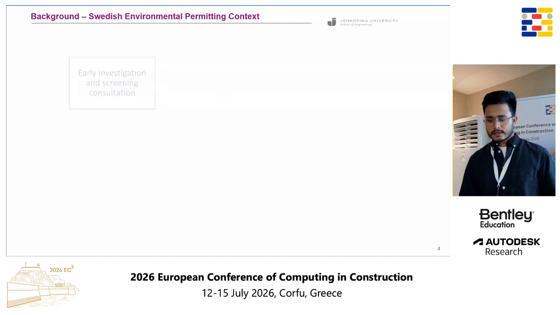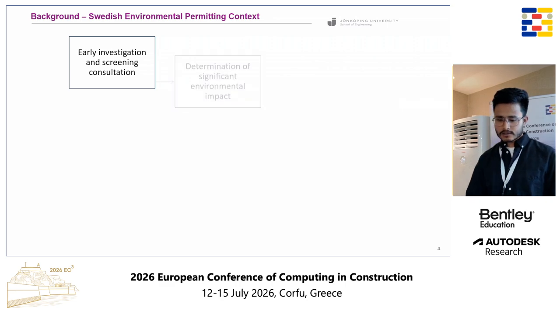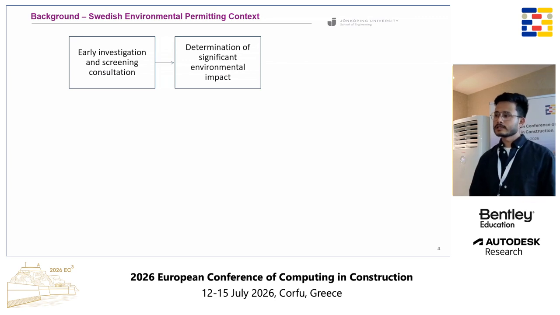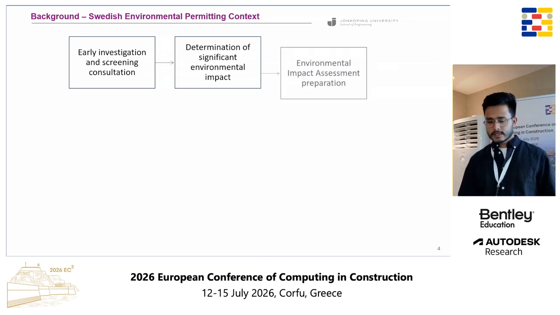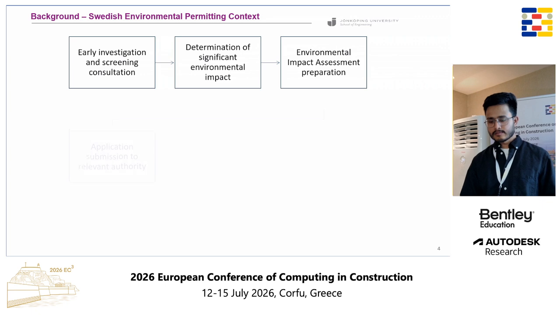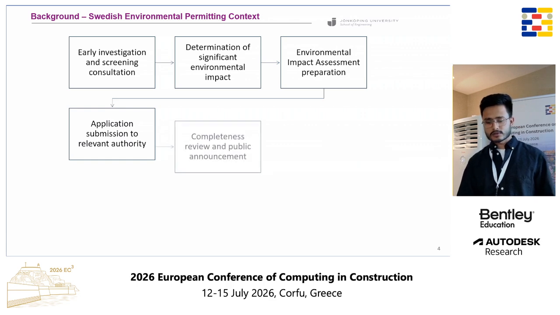I'll just go briefly through how this process is structured. It starts with early investigation and screening consultation. Then there is a need to determine whether there is significant environmental impact or not. After that there is a preparation of the environmental impact assessment, and it is submitted to the relevant authority along with appendices and required documents.